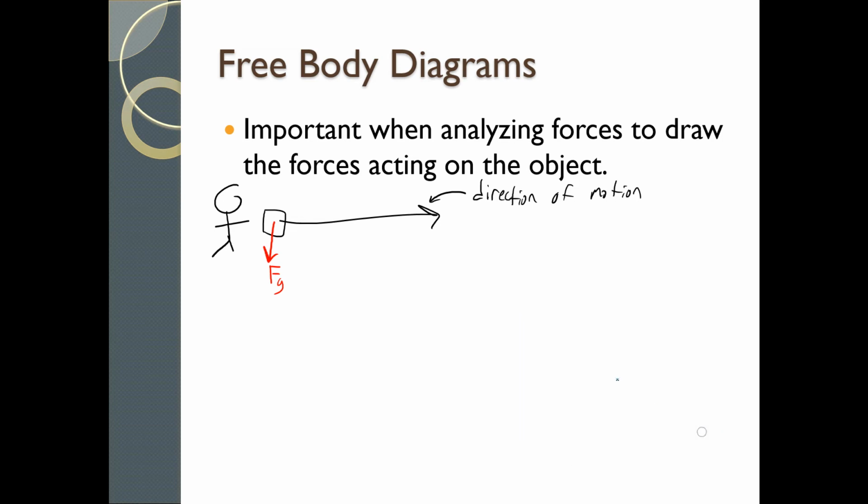Let's do that in blue. So the air resistance is going this way. We'll call that FR. So these are the forces that this object feels once it leaves my hand. Now gravity is going to cause the object to go down, and air resistance will cause the object to slow down in this direction.